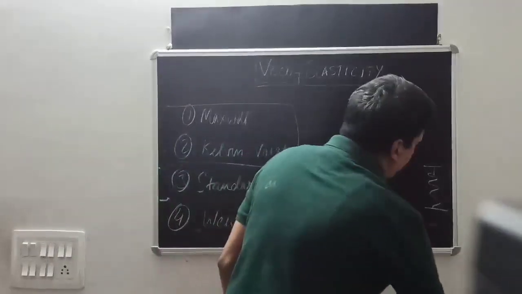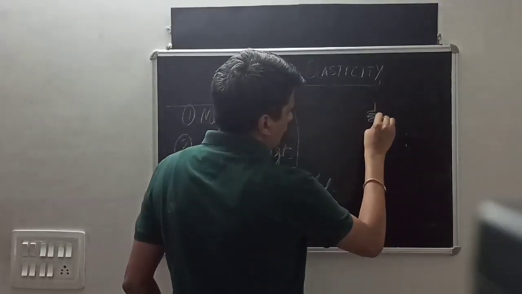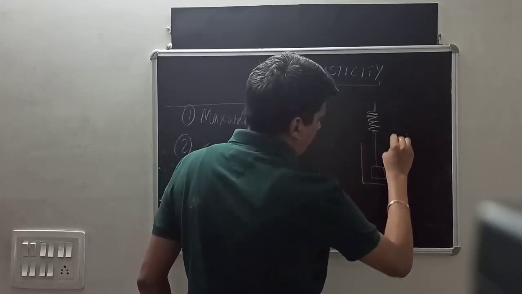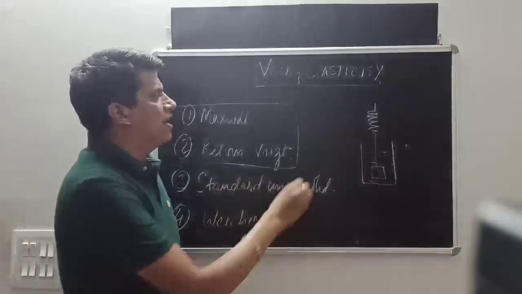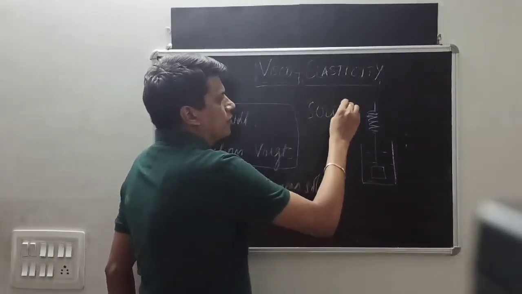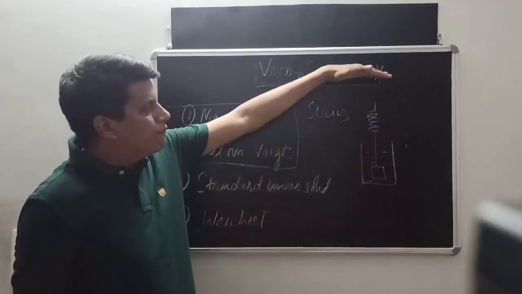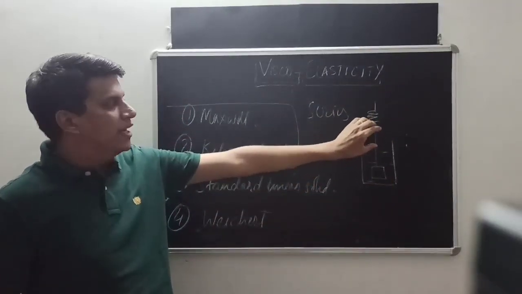In the Maxwell element, the spring and dashpot are arranged in series. So when force is applied, first of all, contraction of the spring takes place.